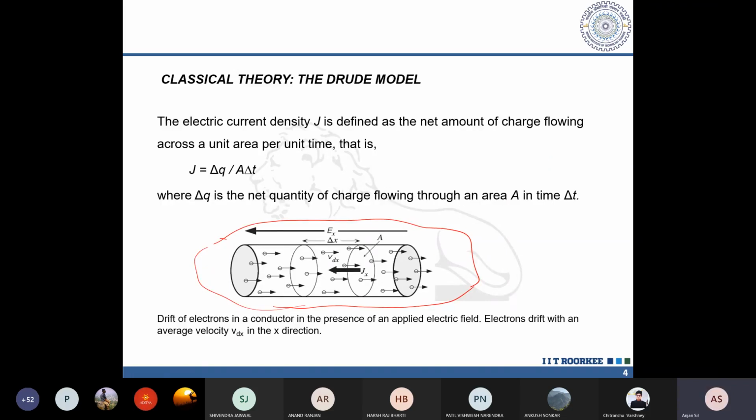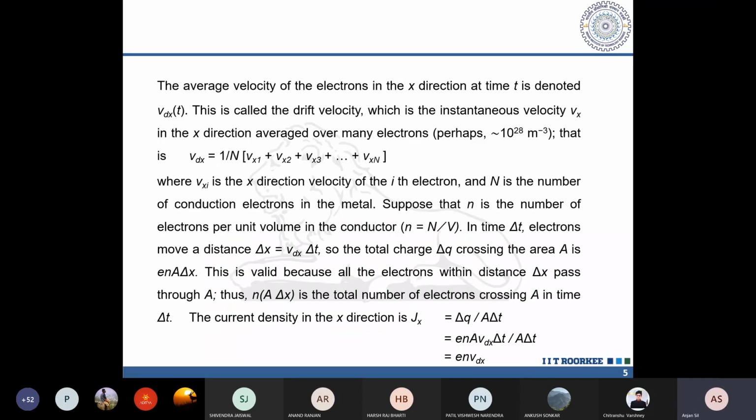So I'm using the pen. This is what was already discussed the other day. It's not only one electron, you have a number of electrons, so n number of electrons. n depends on the number per unit volume. If you take 1 meter cube volume, 10 to the power 28 charge carriers will be there, on average, depending on doping level and other things.